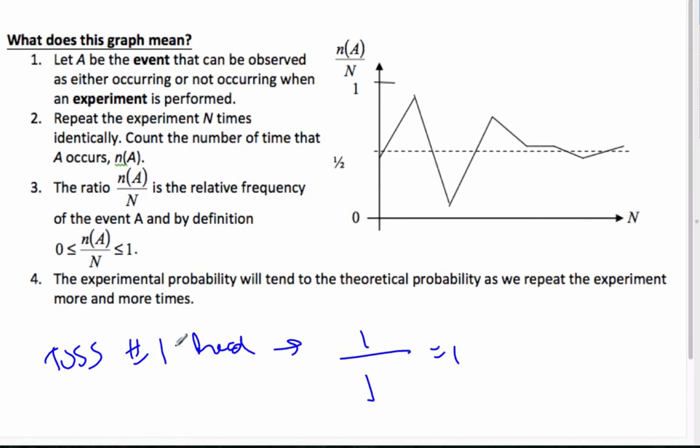However, if I'm looking for the number of heads and I get a tail the first time, well, that's 0 over 1, which is 0. Those are the smallest values. And as you do more trials, it'll end up being between these values.